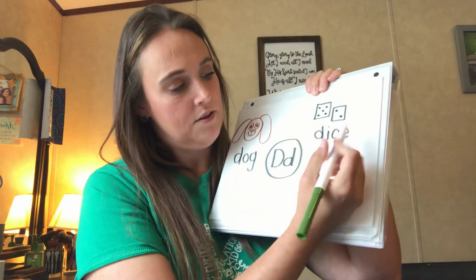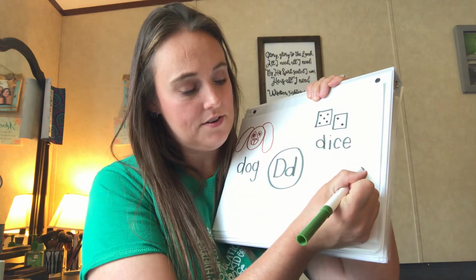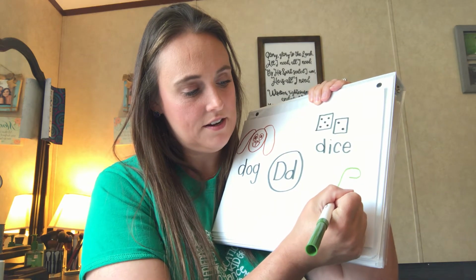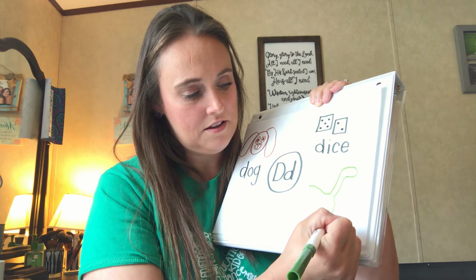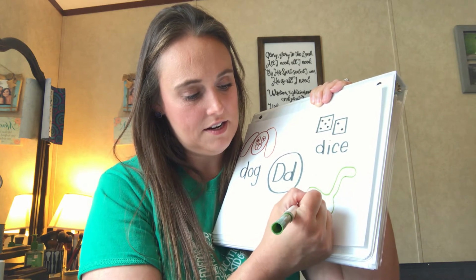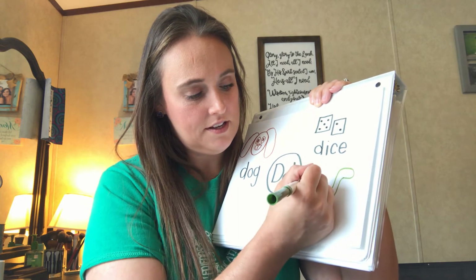All right. D, d, d, dinosaur. I'm going to use a green for my dinosaur. Remember, Miss BJ's not the best artist, but she's going to try. Dinosaur. And the tail.